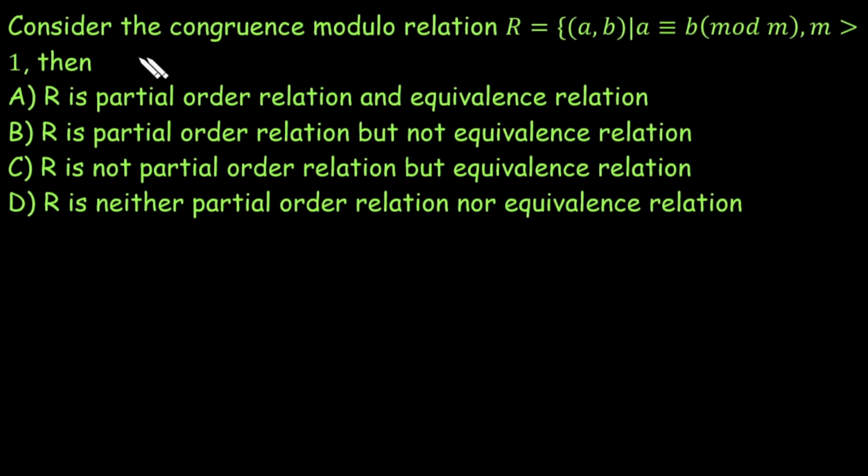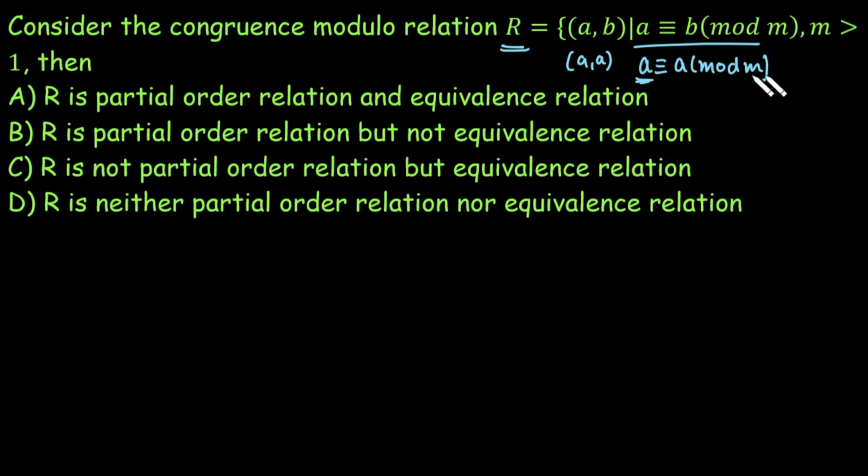Taking another case, consider the congruence modulo relation R. We have already done that congruence modulo M always forms an equivalence relation because it is reflexive. Reflexive means the ordered pair (a, a) is a part of the relation. So a is congruent to a mod M. Is the statement true? Yes. How are we predicting that?